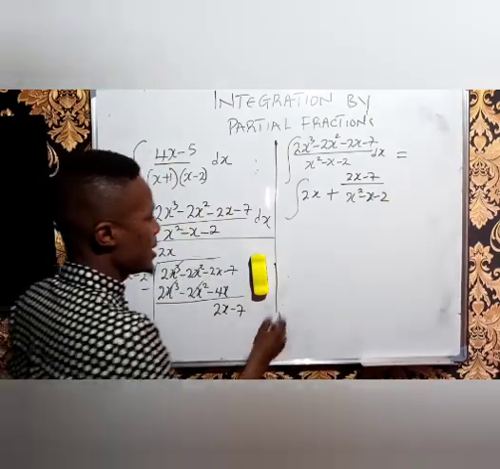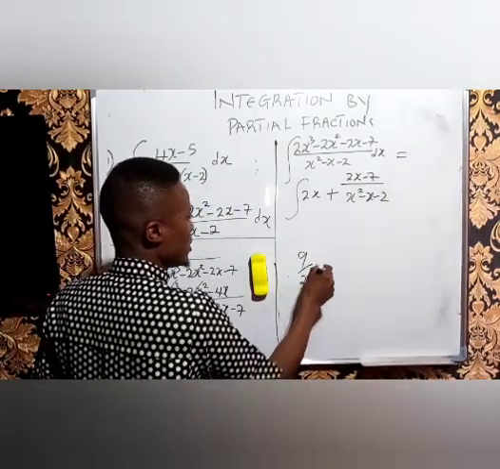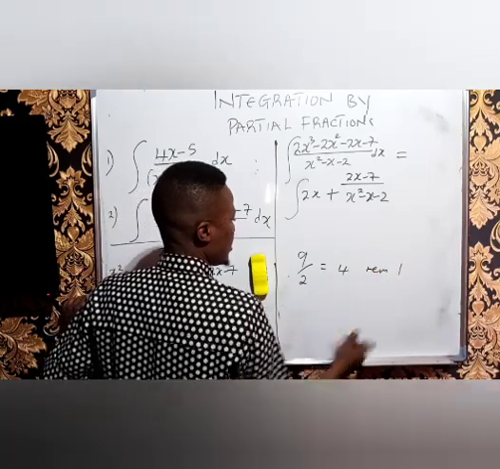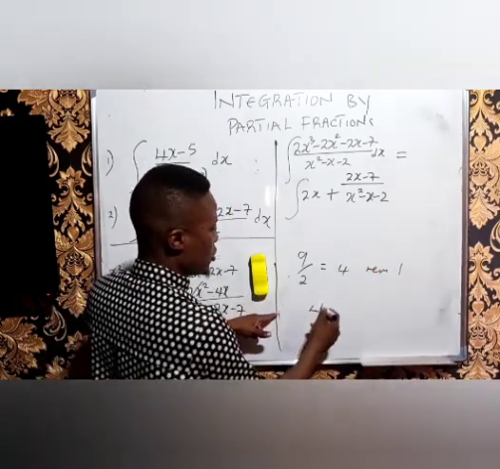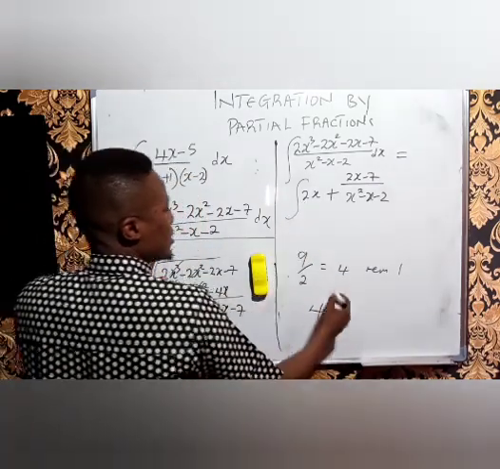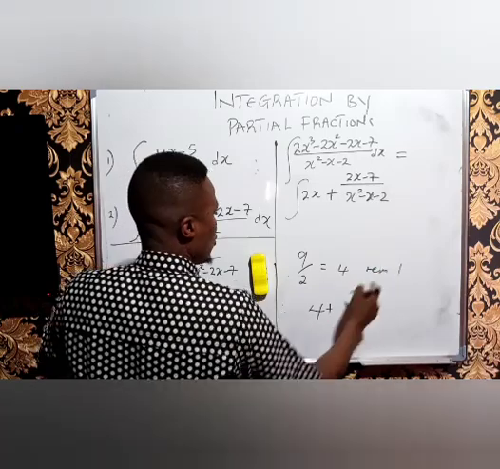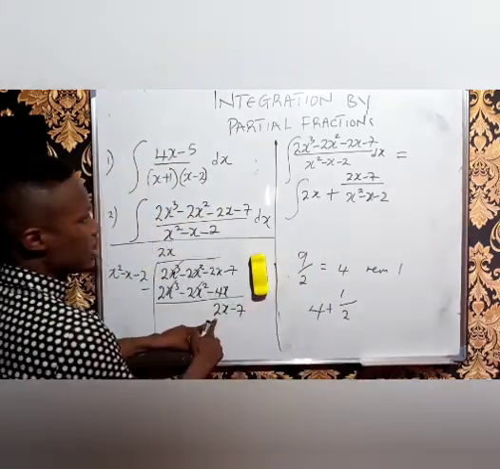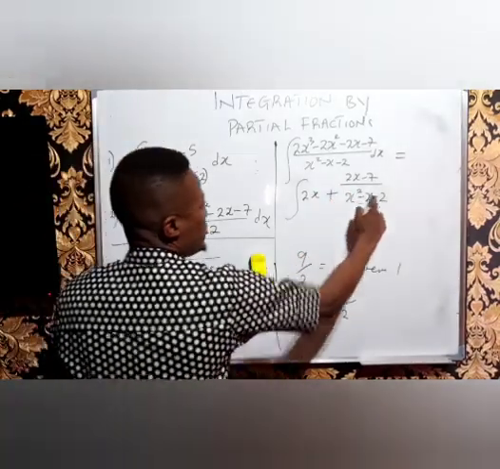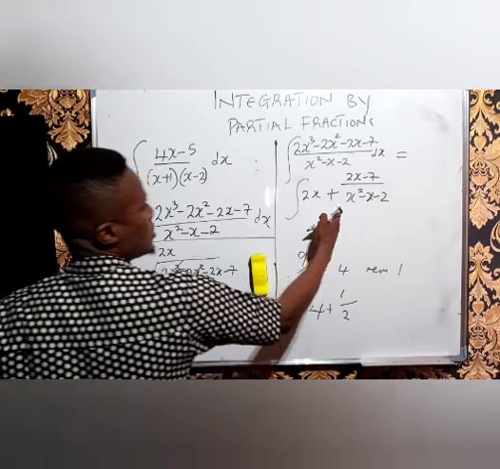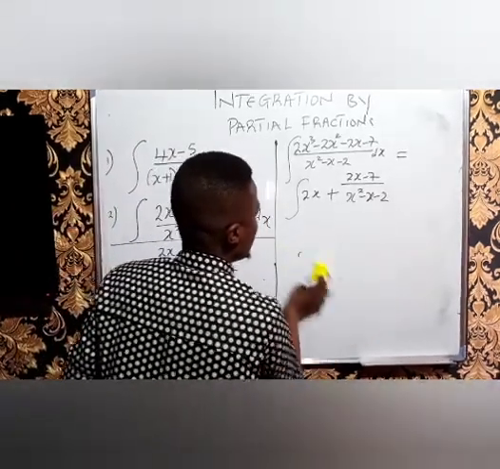Remember, when you divide 9 by 2, for instance, you will get 4, remainder 1. We normally call it 4 whole number. So look at my whole number, 2x, plus remainder over the number I'm using to divide, which is x^2 - x - 2. Okay? So that's what I've just done here.